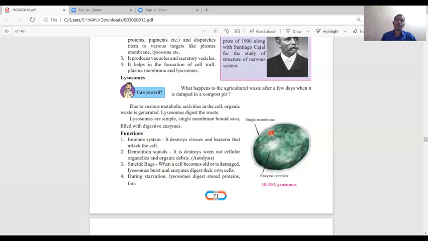Functions of lysosomes: immune system. It destroys various bacteria and viruses that attack the cell, that is, various harmful viruses and bacteria.